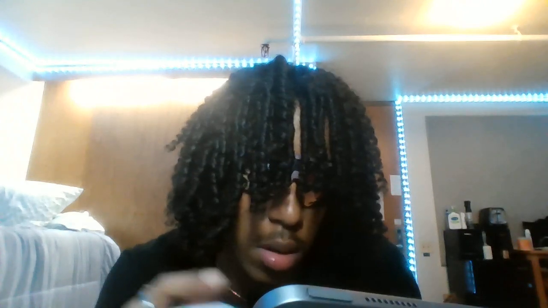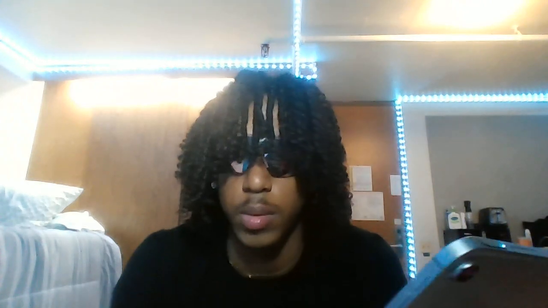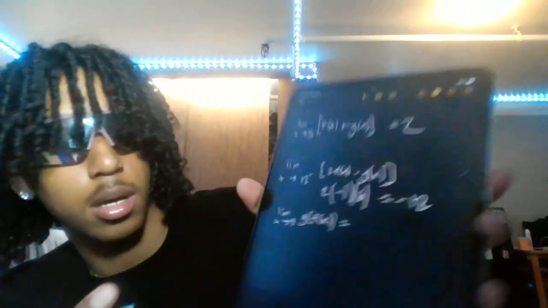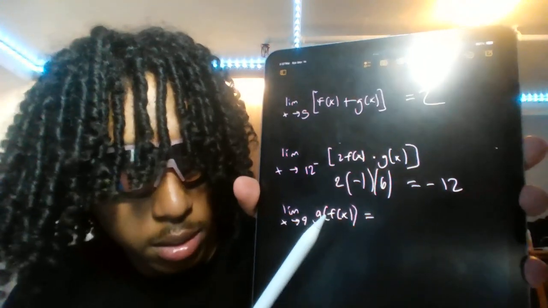Okay, so for this one, we notice that it wants us to multiply g, f of x is in parentheses right here, as limit x approaches 9. So what we want to do here is we're always going to have to use our graphs.